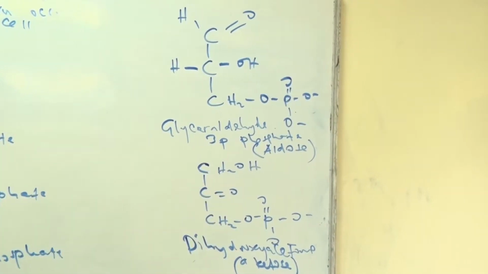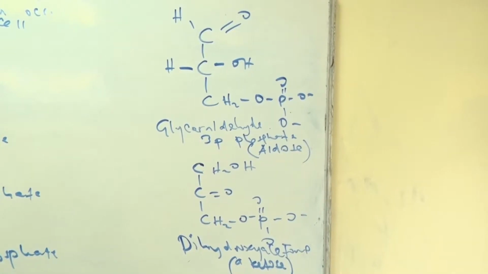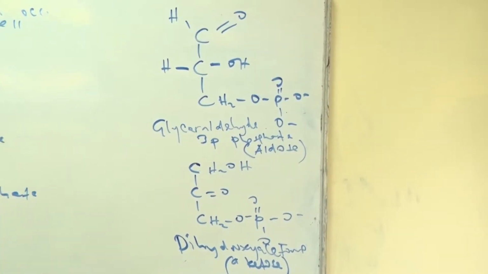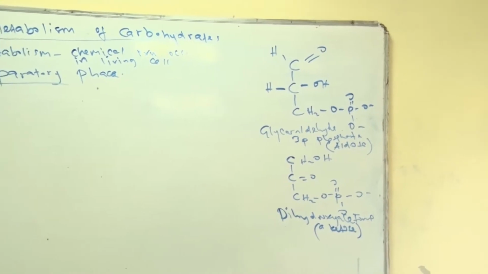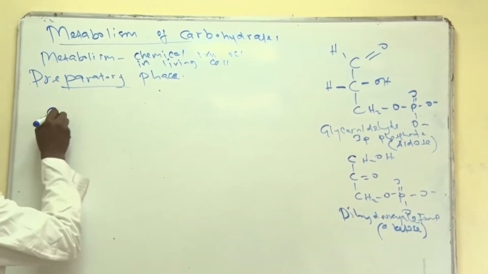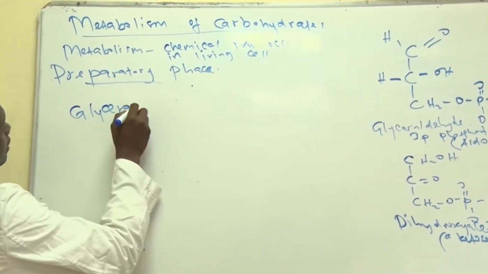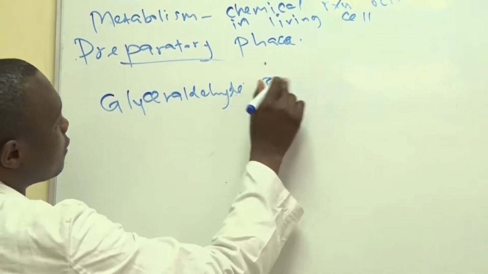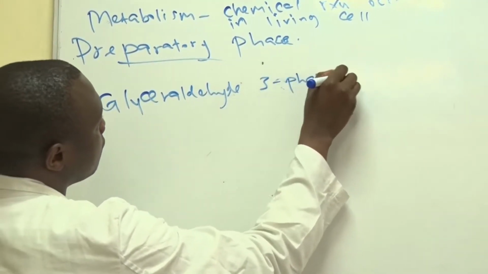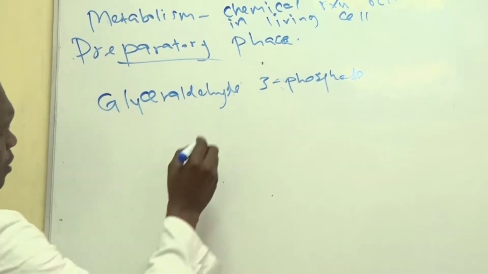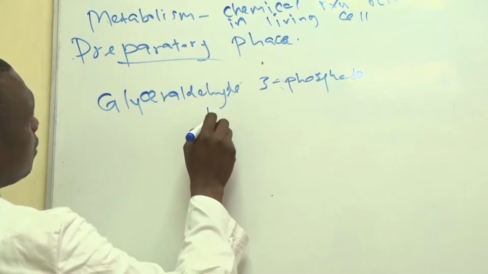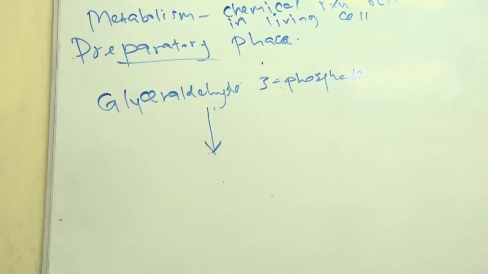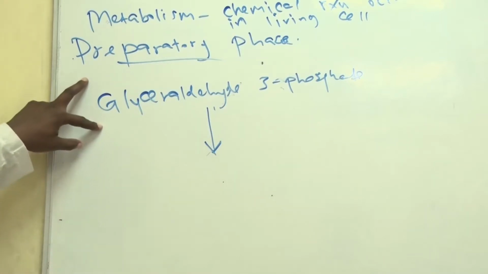Now let us do the 5th reaction, which will be our last reaction in the preparatory phase. That is step number 5. Remember, we are now working with glyceraldehyde 3-phosphate. This is a 3-carbon sugar molecule.